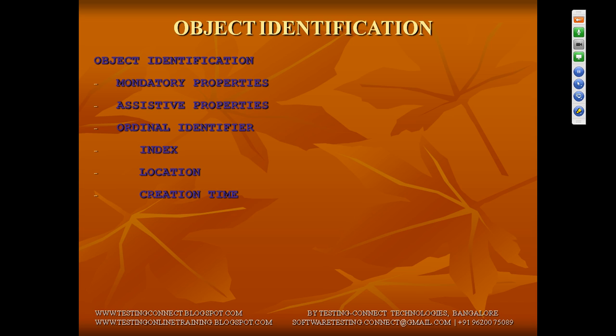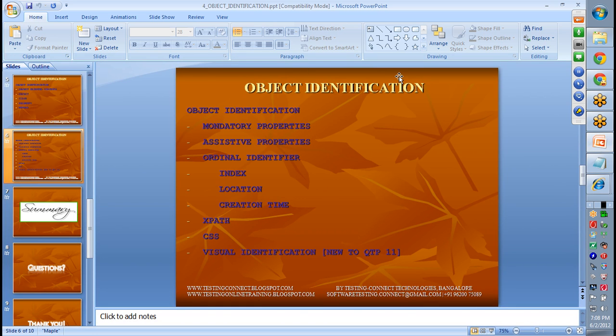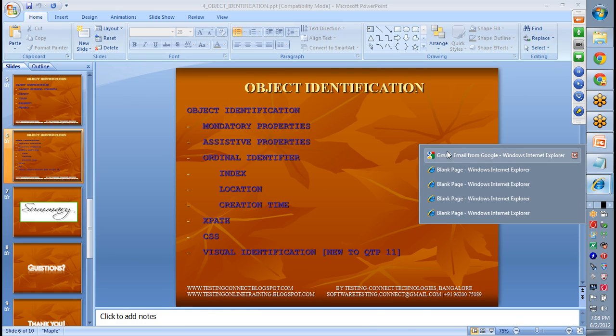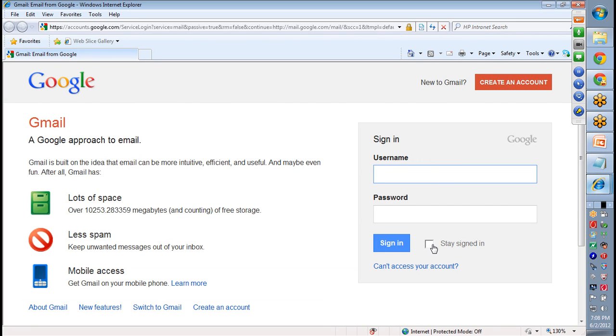There you have ID, caption, label, attached text. What is attached text? Here is a checkbox; this checkbox doesn't have any label, right? So in this situation, what QTP will do is look for the nearest text. That is nothing but attached text.